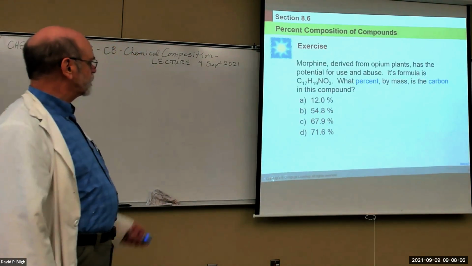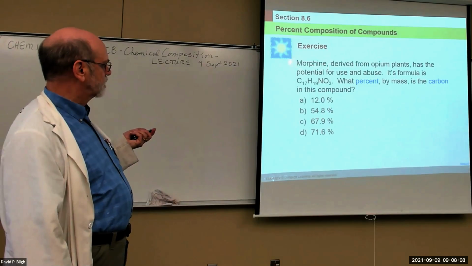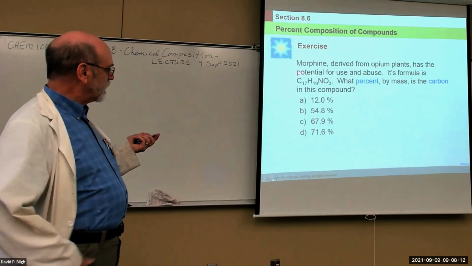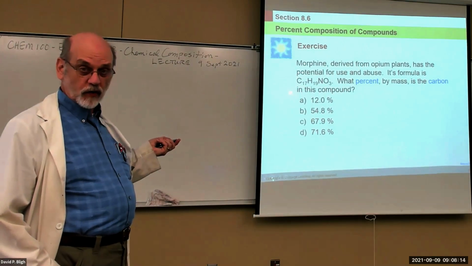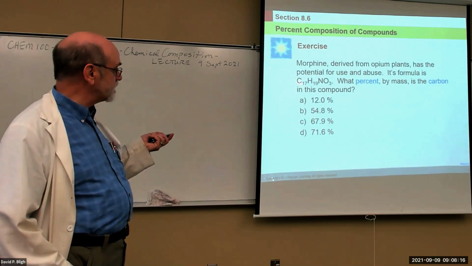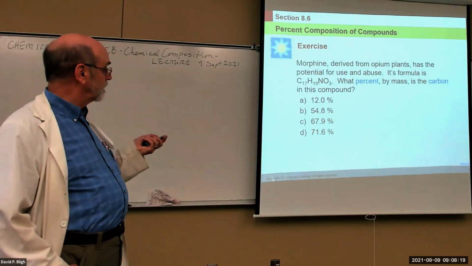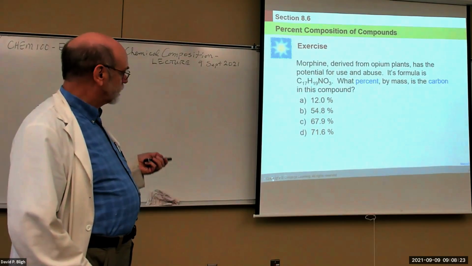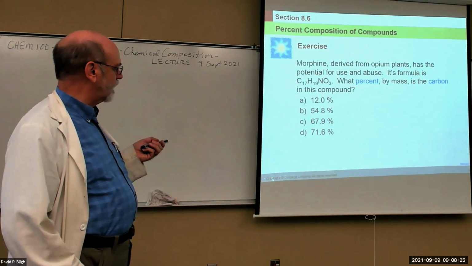Okay, what about this one? This is morphine, derived from the opium plant. It's been determined its molecular formula is C17H19NO3. So what's the percent by mass of carbon in this compound?